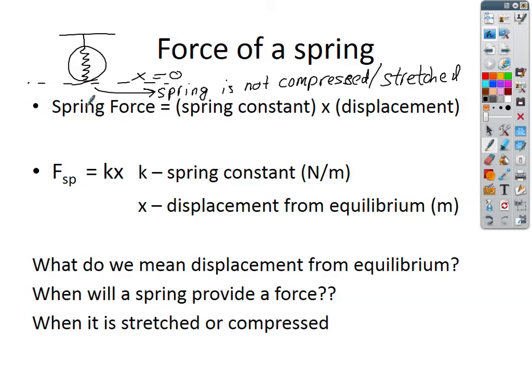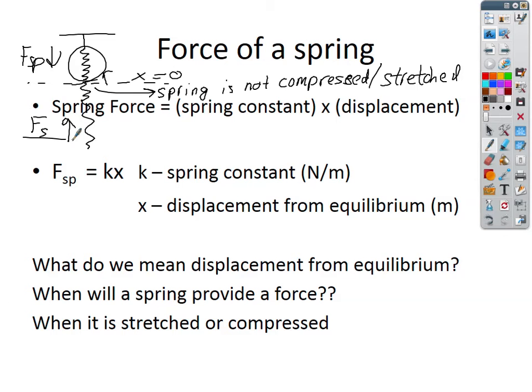There won't be any force. But if I start pushing this spring in, the spring is going to push downwards. If I compress the spring, the force of the spring wants to make that object move down. If I stretch the spring way past, which way does the spring want to go? It's going to create a force back up. So we're going to have to pay attention to that a little bit. It should be hopefully common sense that if I pull the spring, it's going to pull back in the opposite direction that I just pulled.